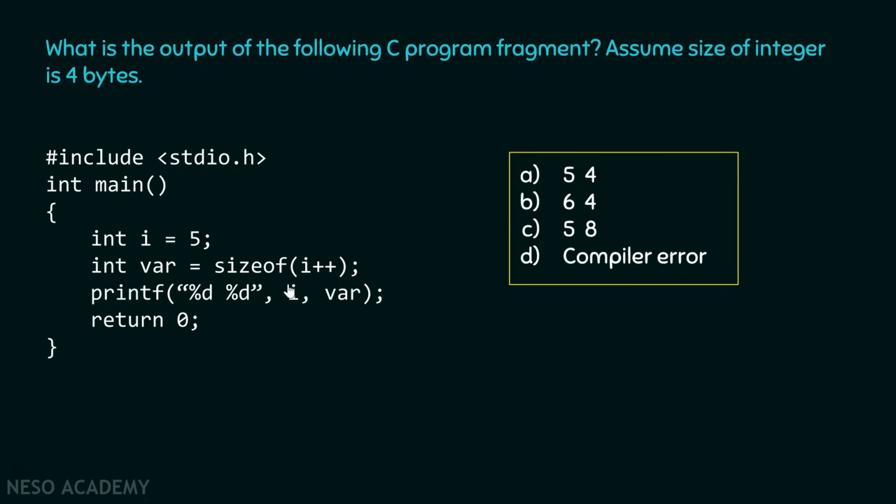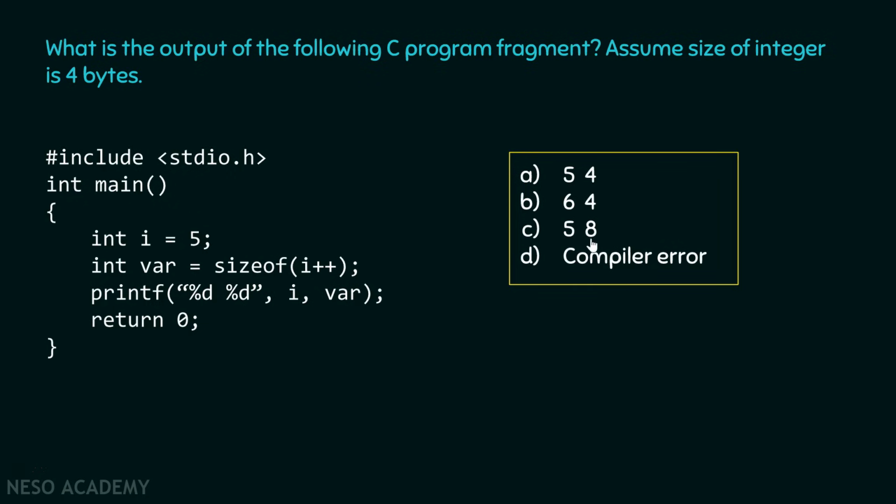In this example, variable I is provided inside the sizeof operator. Therefore, sizeof operator will return the size of this particular variable. Because I is of integer type, therefore 4 bytes is returned. This is for sure that this particular variable var would contain value 4 after performing this operation.